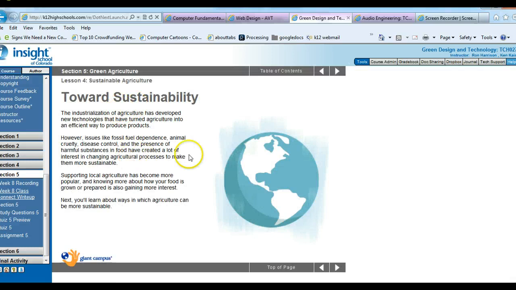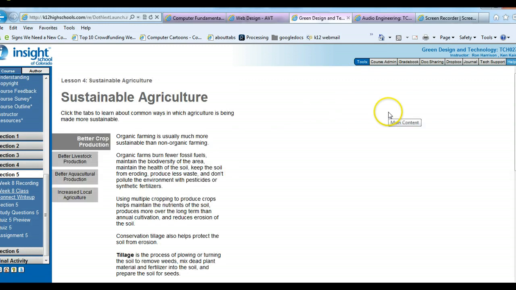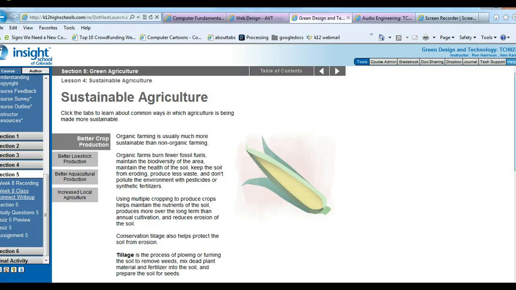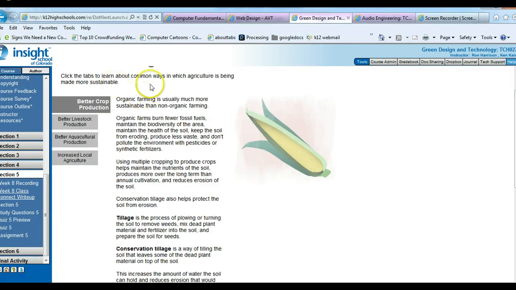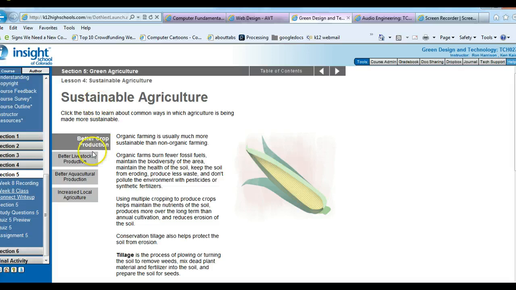Now, looking towards sustainability. Of course, with sustainability in agriculture, we want to be able to grow things so that they don't affect the environment so much. So the 4 things about sustainable: better crop production, better livestock production, better aquaculture, increased local agriculture.